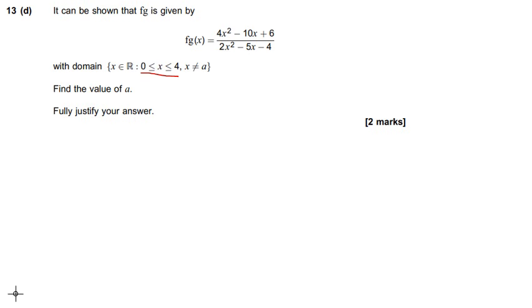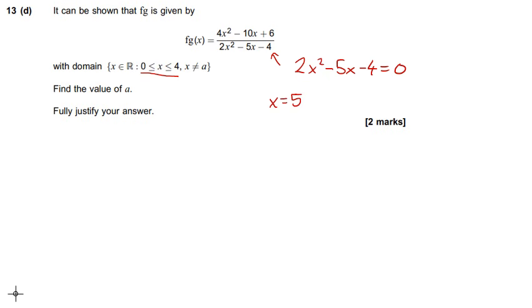So there must be an asymptote at that point. So what we really just need to do here is just to look at the denominator and say where is that equal to 0, and it doesn't factorize, so we'll just use the quadratic formula.